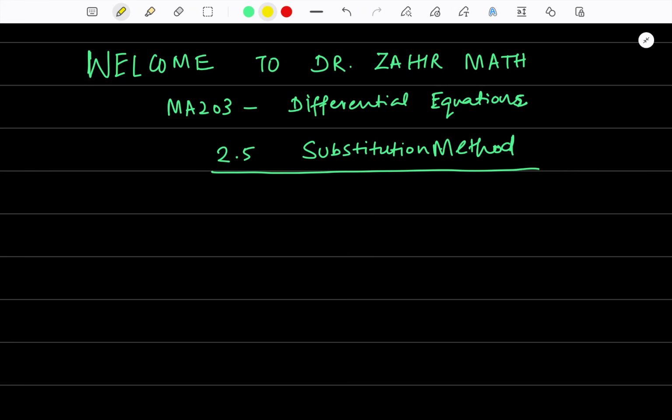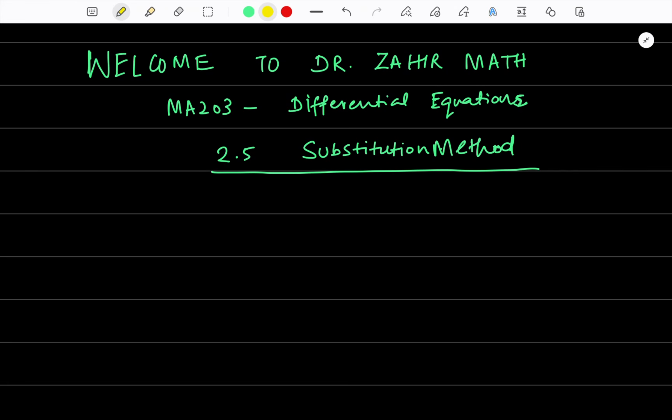So what is the benefit for me as an engineer? By using the substitution, we can transform difficult equations into simpler ones, helping engineers analyze and design systems efficiently. Let's get started.